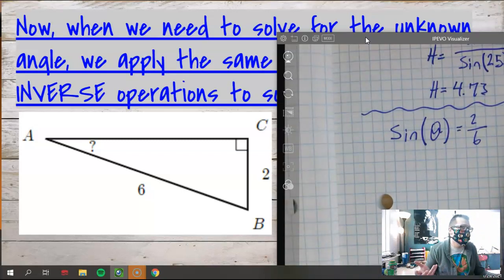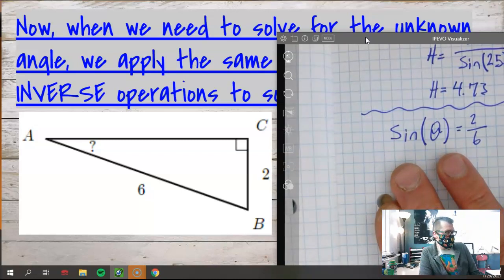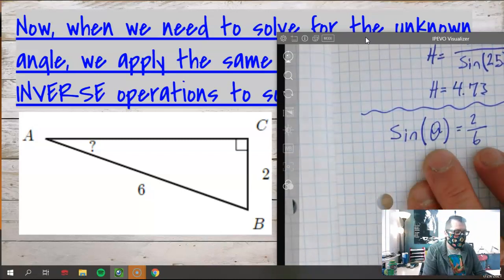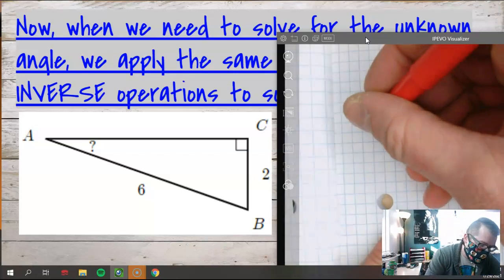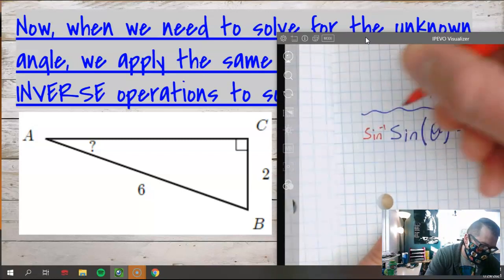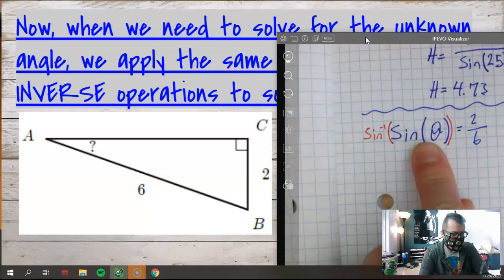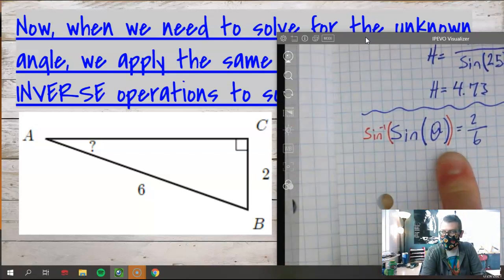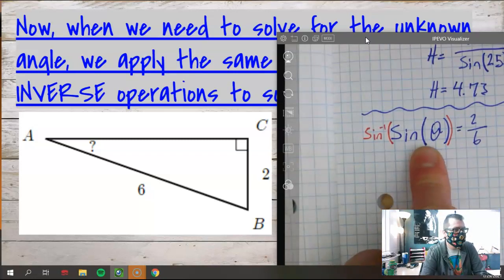Variables, right? Solving equations is all inverse operations. So just like that, just like multiplication, sine is an operation, right? It's a function that operates on theta, so it has an inverse. So all we have to do is say, okay, if I apply the inverse of sine to this side, the whole side, like this is literally how it gets written out, the inverse of sine of the theta is just theta.